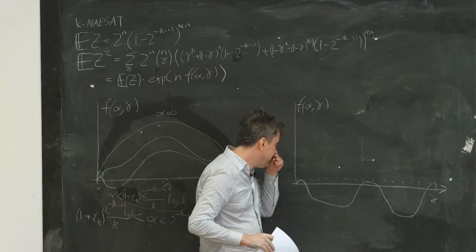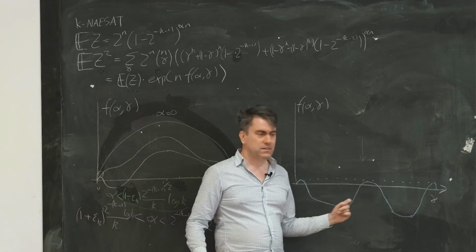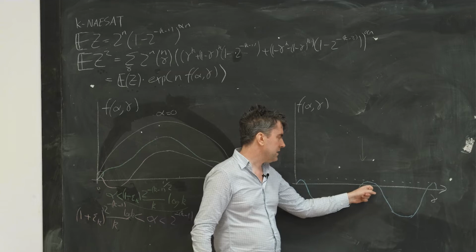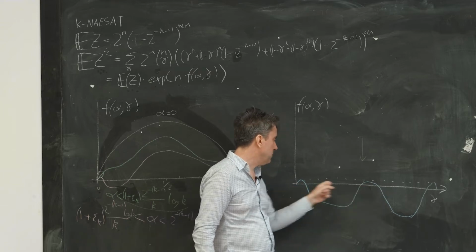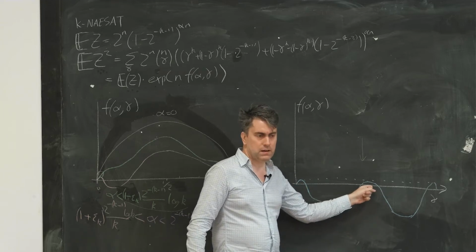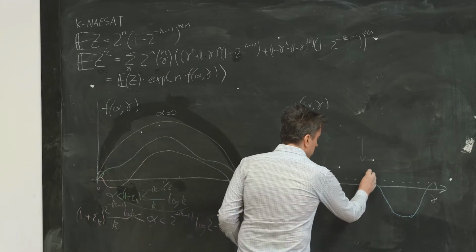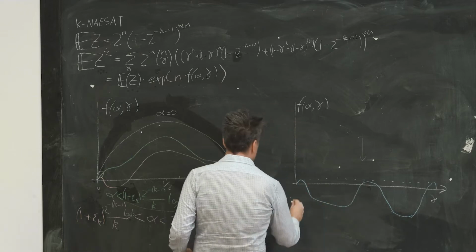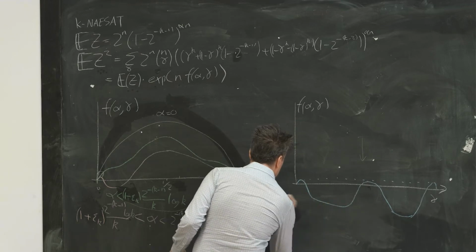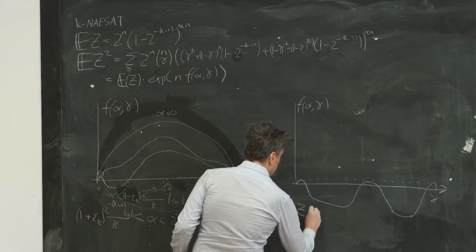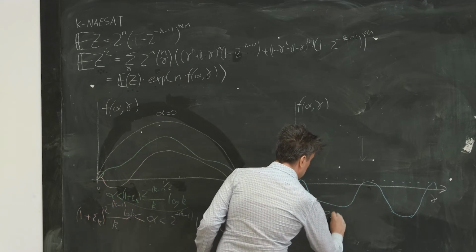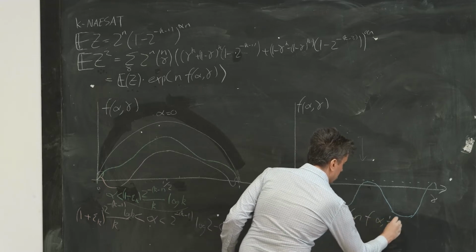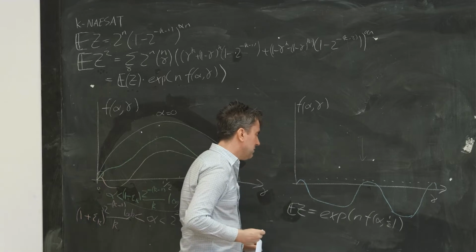What we'd like is if it stopped being the maximum value exactly when it hit 0, because the value at 1/2, the expected value of Z, is equal to e to the n f of alpha at 1/2.